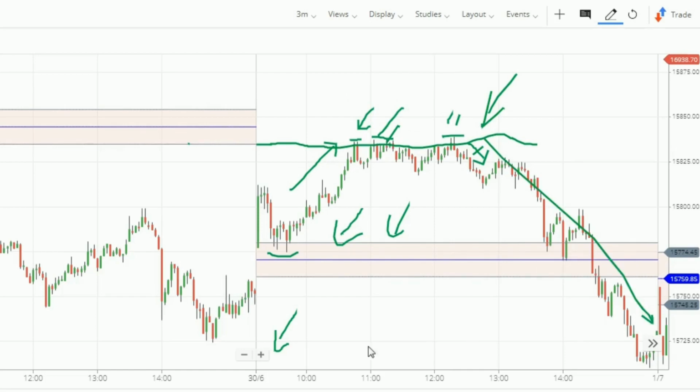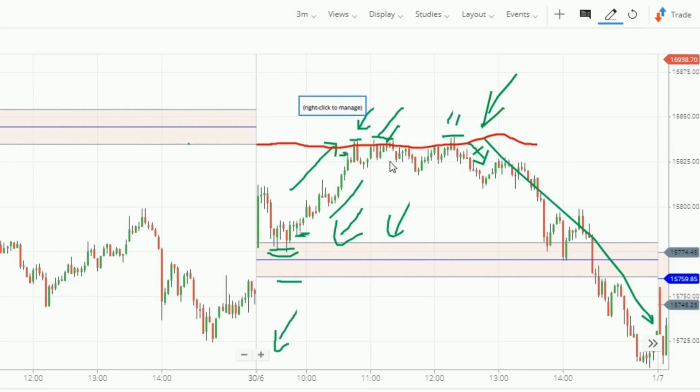So what I would have done here, I would have taken one long trade here, knowing that it has taken support here, and put my stop loss here and would have exited the market already, knowing that there is a virgin CPR and it will behave as a strong resistance.